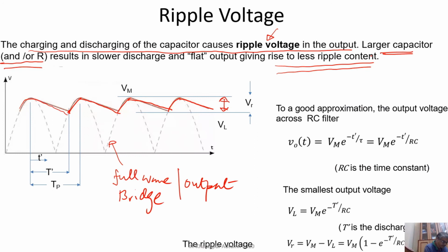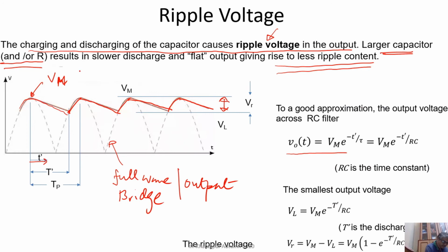Let's write V out. V out will be Vm exponential minus T dash over tau, where T dash is this axis, and Vm is the maximum voltage at the output, Vm or Vp.